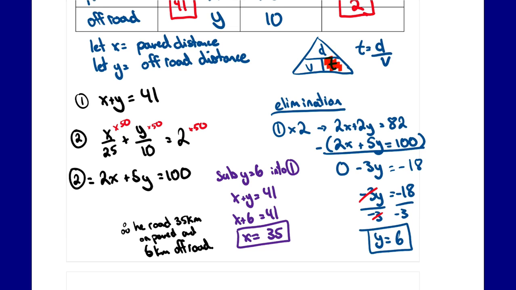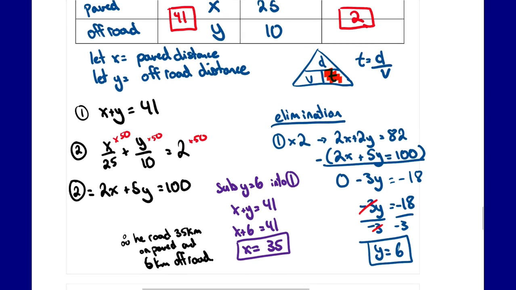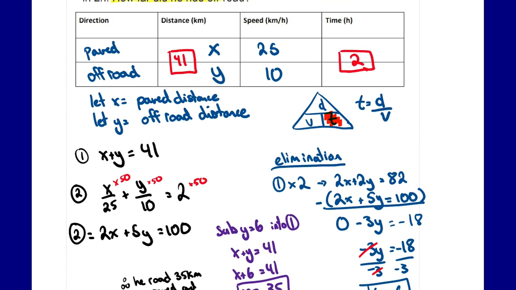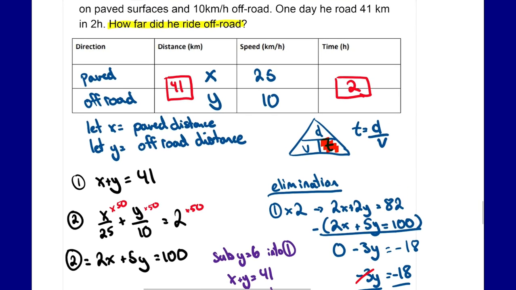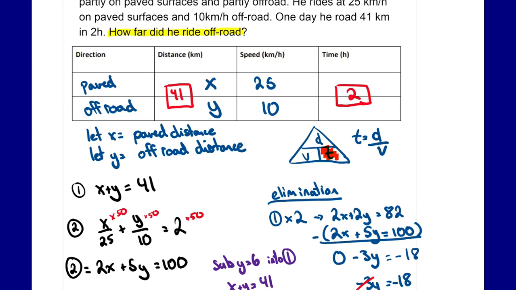So again, the steps of going through and solving by elimination or substitution aren't the difficult part of these word problems. The difficult part is being able to come up with the equations. This one was a little bit different from the other distance time graph ones, but as long as we think about what the totals were and what our unknowns are, it's very similar to some of the other questions. Your variables are probably going to be based off of what you have to find, so you have to look for the question.